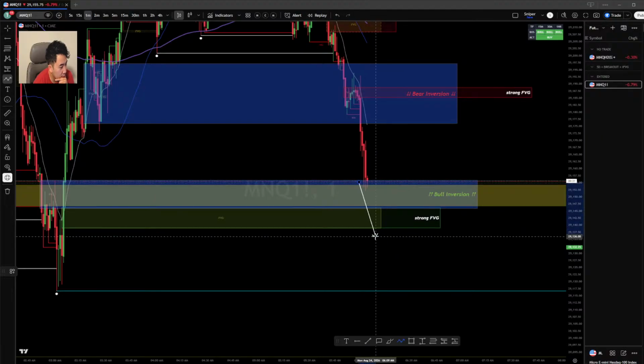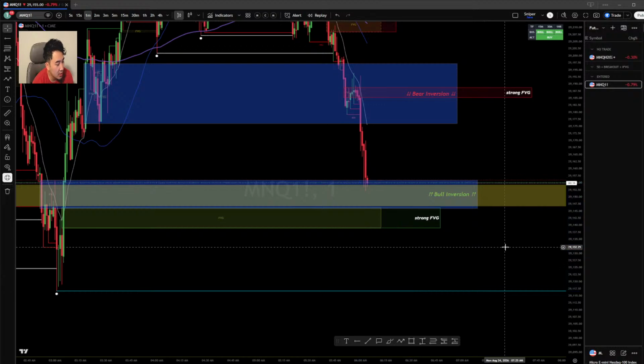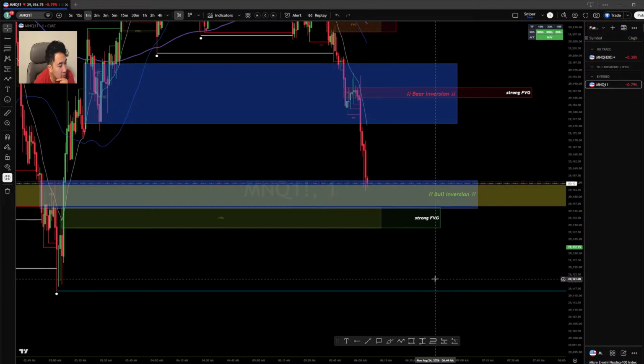Now, if price is able to close below here, use this FVG as a bearish inversion, then you could target that right there, that 1 minute liquidity. So that would be a possible setup as well.